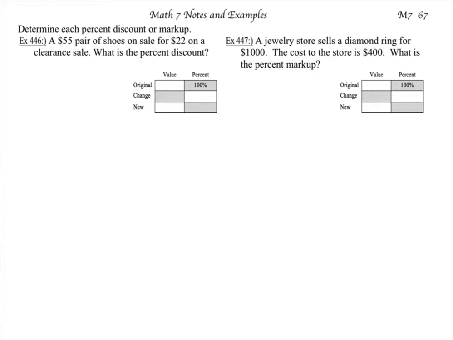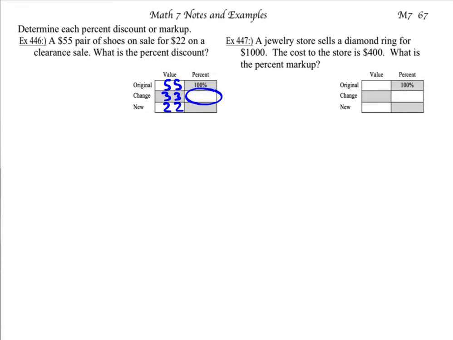So determine each percent discount or markup. A $55 pair of shoes on sale for $22 at a clearance sale. What's the percent discount? This one's just asking for percent of change. We are told the original price is 55, the sell price is 22, and it wants to know the percent discount. Well, since it is a discount of $33, if $55 is 100, $33 is what percent?